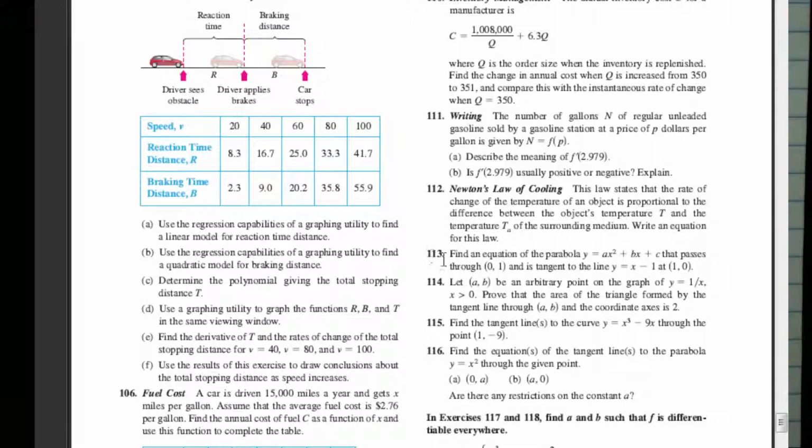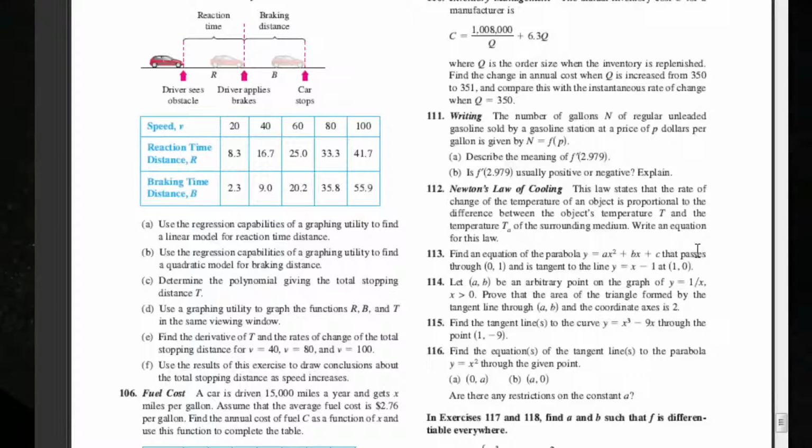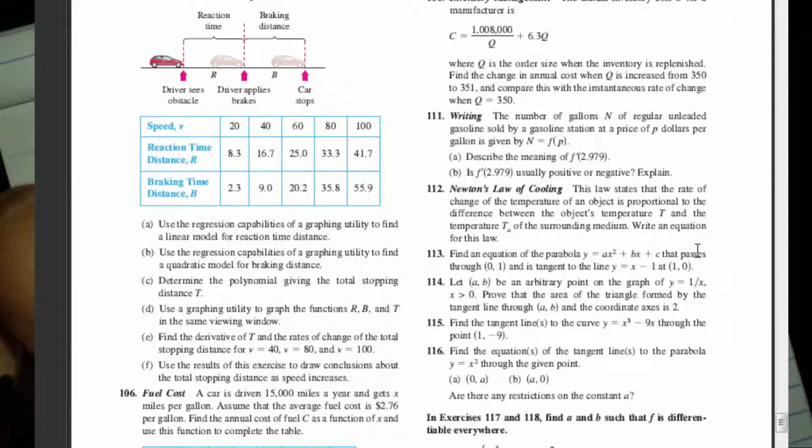So this guy, it says find an equation of the parabola y equals ax squared plus bx plus c that passes through 0, 1 and is tangent to the line y equals x minus 1 at 1, 0. Okay. So let's see how we do this one real quick. It won't be real quick, but it's okay.